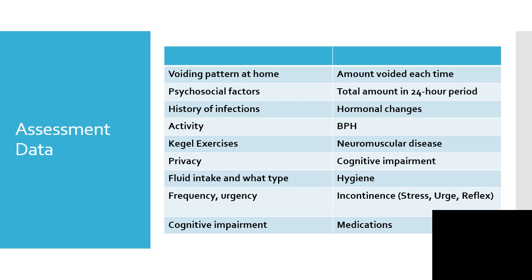That's something that's important to know. Are there certain medications? Are there certain hygiene things that the patient is or isn't doing? If it's a male and he's above the age of 60, 65, there's a good chance he's had BPH, and that can be a big factor in causing urinary retention. So taking a thorough history, gathering as much assessment data as you can, helps rule out what's normal versus what's not normal for your patient.